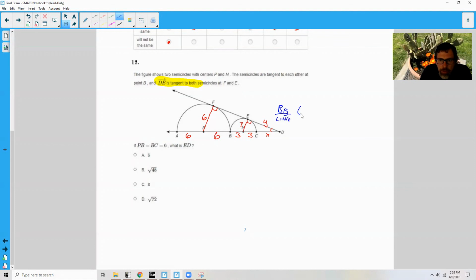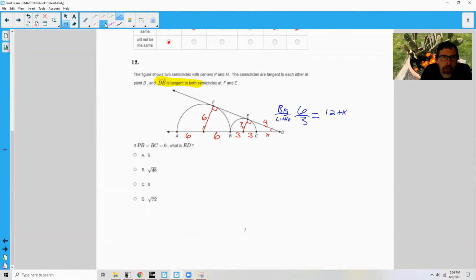The big triangle, PF is 6, corresponds to ME, which is 3. And that has to equal this whole side, the big side, which is 6, 7, 8, 9, 10, 11, 12, plus x. 12 plus x. Okay, hopefully you understood that. And now let me get rid of that.